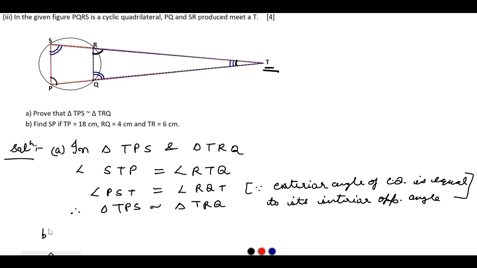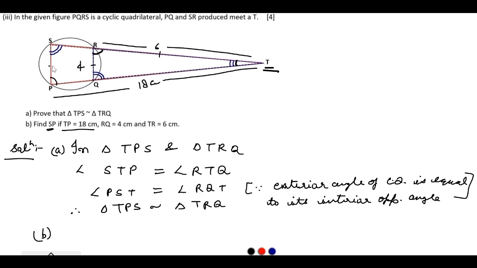Now come to the part B. Given TP is 18 centimeter. TP is 18. RQ is 4. TR is 6. And we have to find SP.